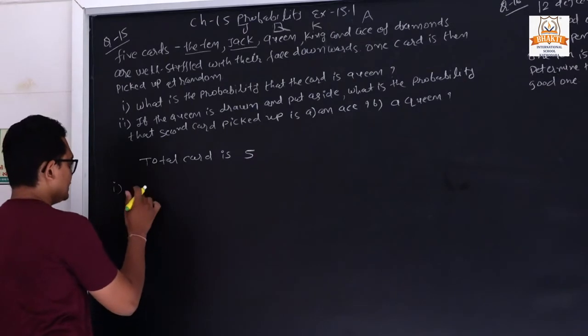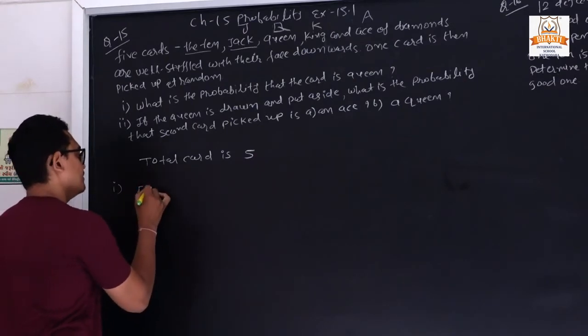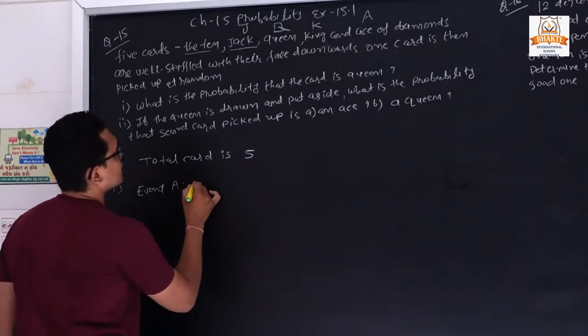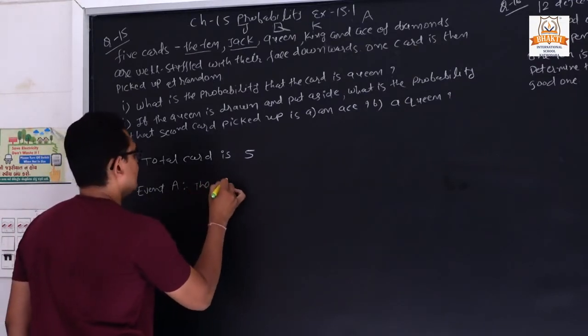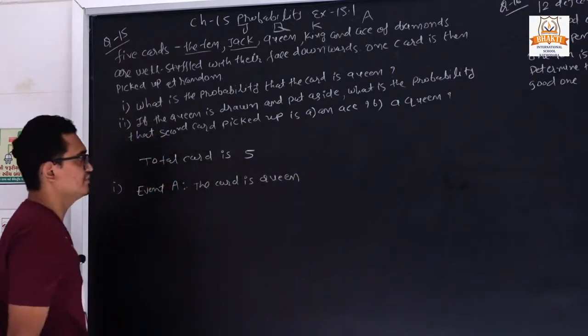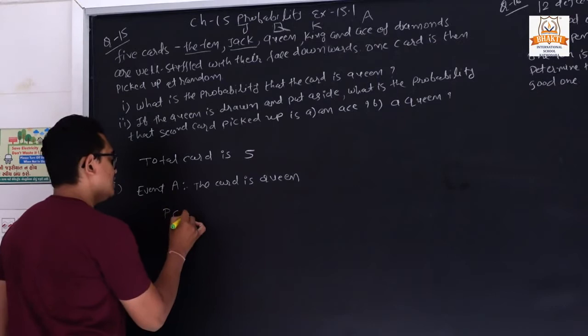So first we can write event A: the card is a queen. What is its probability?